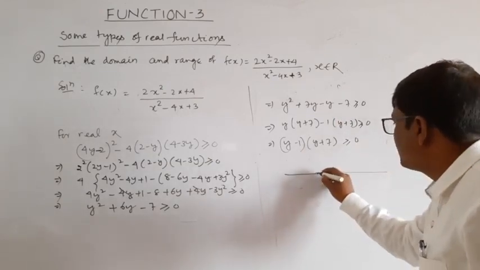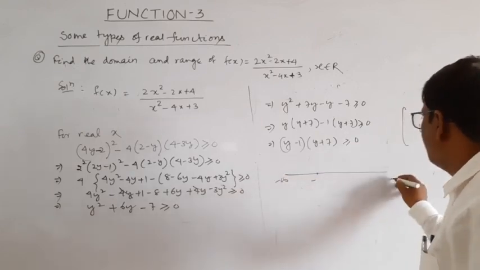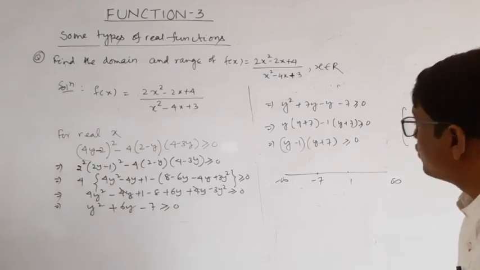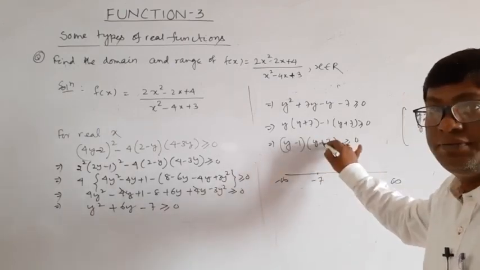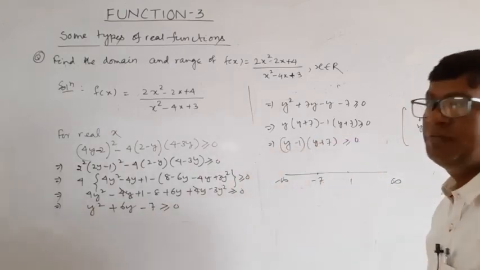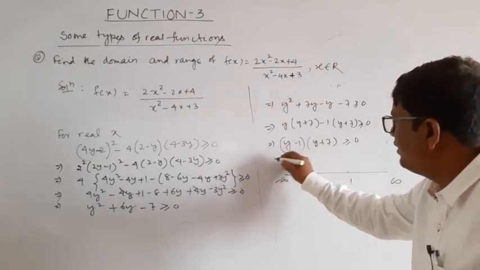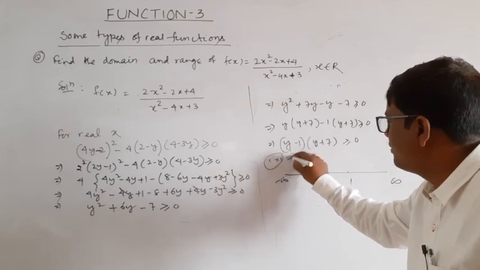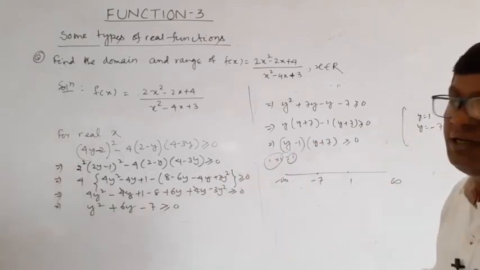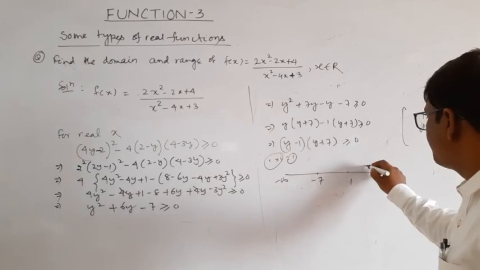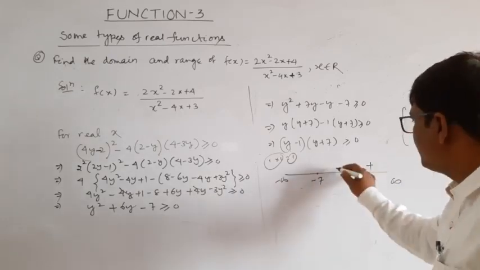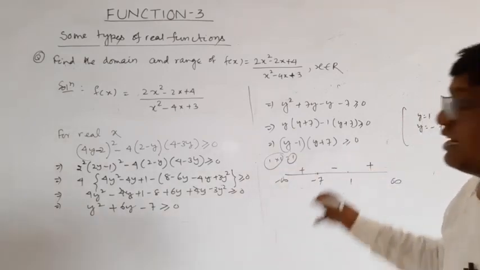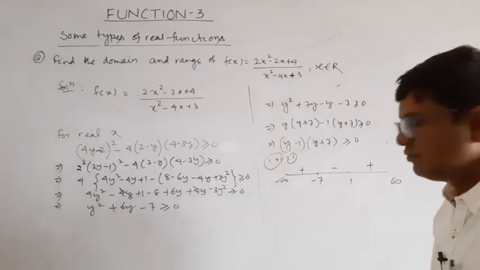So first minus infinity, then infinity, this is minus 7, this is 1. The coefficient of y here is positive, 1, and the coefficient of y is 1. So 1 into 1 is equal to 1, positive. So put the plus sign from the extreme right side. So this is plus, this is minus, and this is plus. But our requirement is greater than or equal to 0, meaning positive or 0.